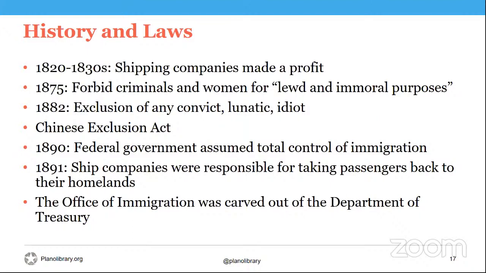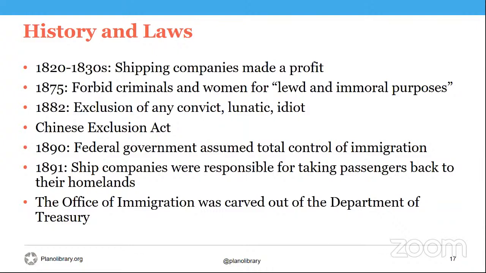And so there were some rules that were set up. In the 1840s, Congress got involved and created lots of different laws. We won't go into that, but you can research it if it's the time period that you need to know about your immigrants coming in.